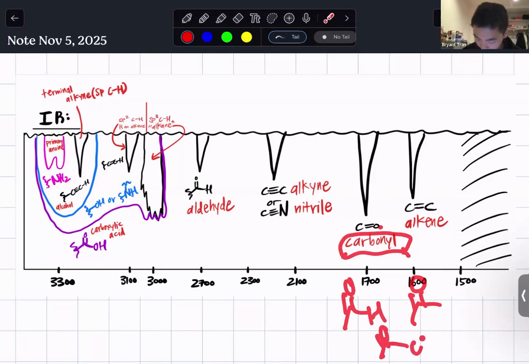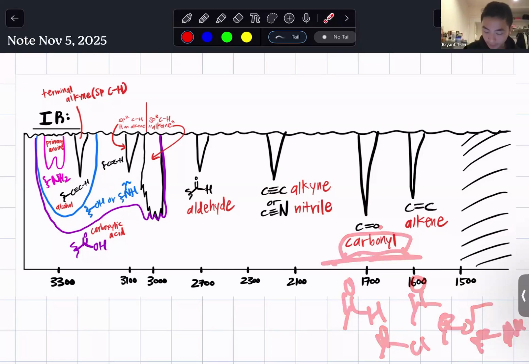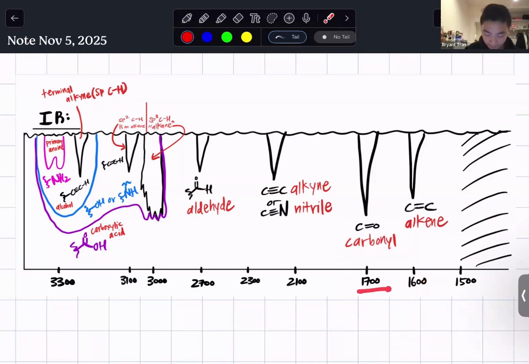It could be an acyl halide, ester, amide, right? Any functional group that has a carbon double bond oxygen, aka carbonyl, will be a sharp peak at around 1700.